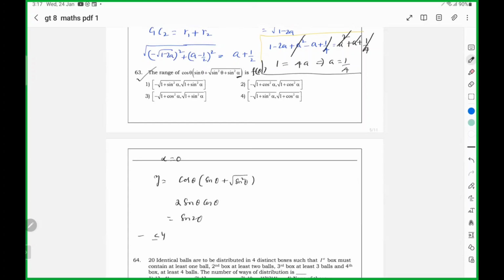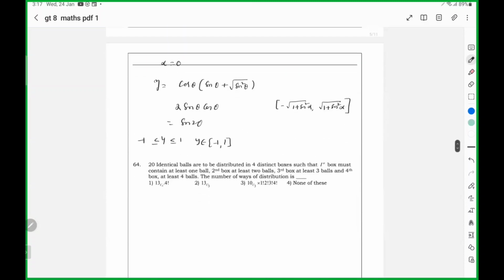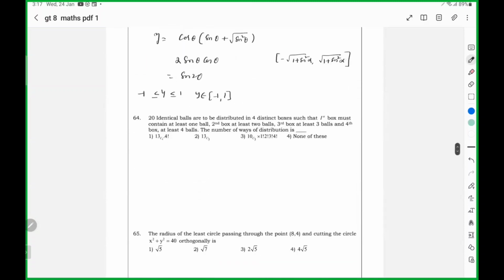So y lies between. So see which answer is suitable for alpha 0. This is not, cos 0 is 1, you will get 2. Here also not possible, not possible. So first option is correct. Otherwise, it is a very big problem: squaring, simplifying, discriminant greater than 0, like that.